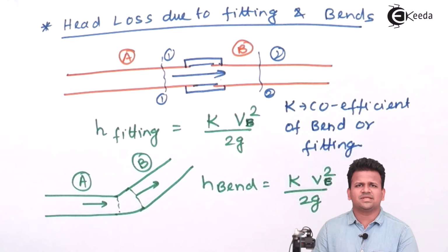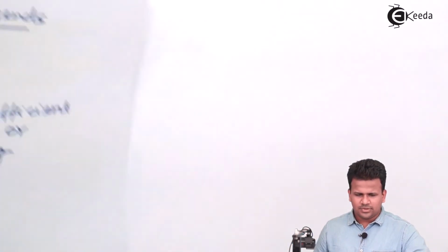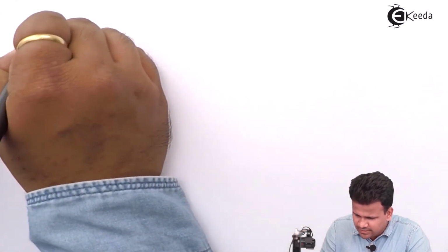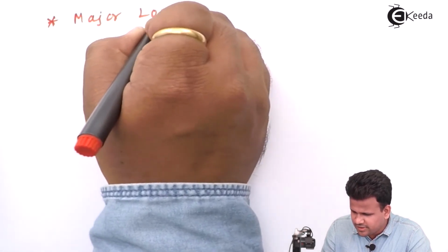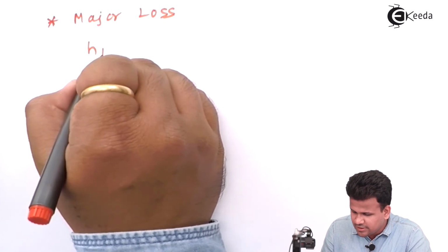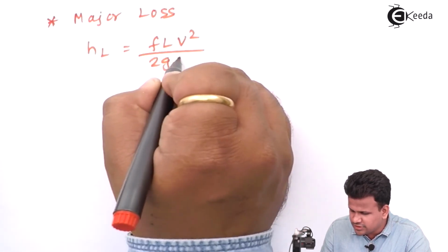Let us summarize. First is the major loss, which is the loss due to friction, that is f L V square upon 2 g D.